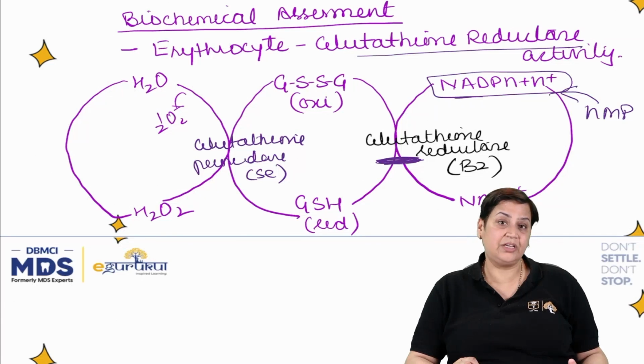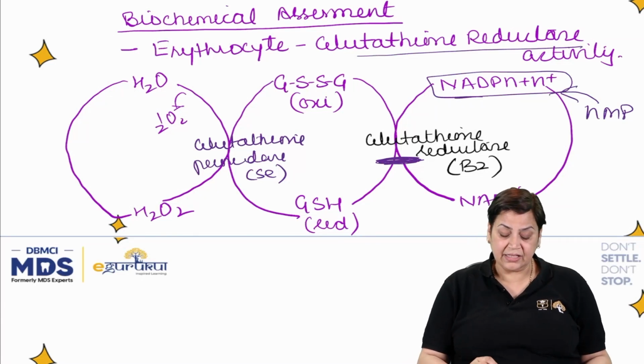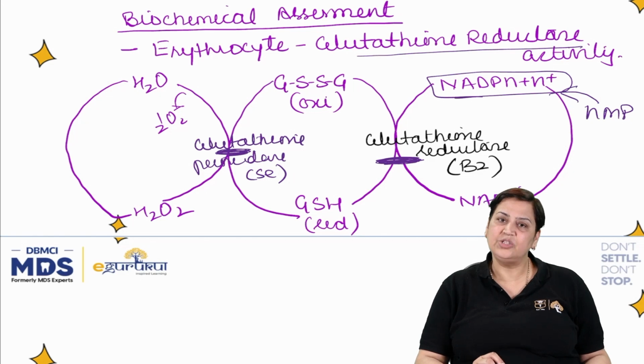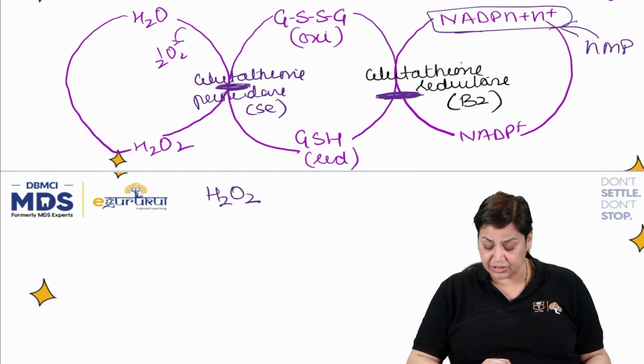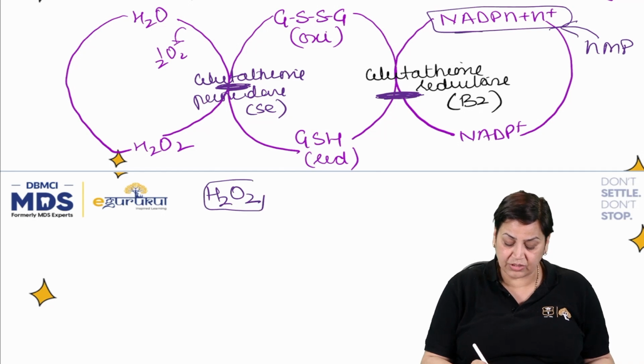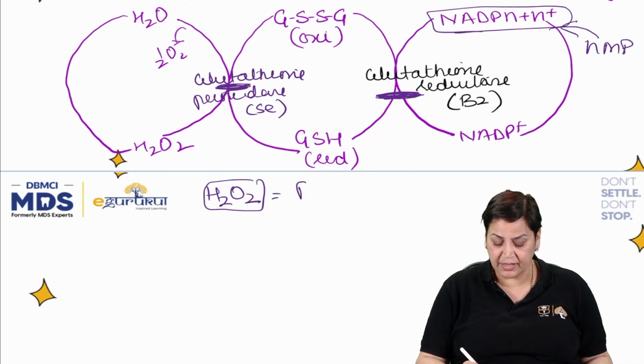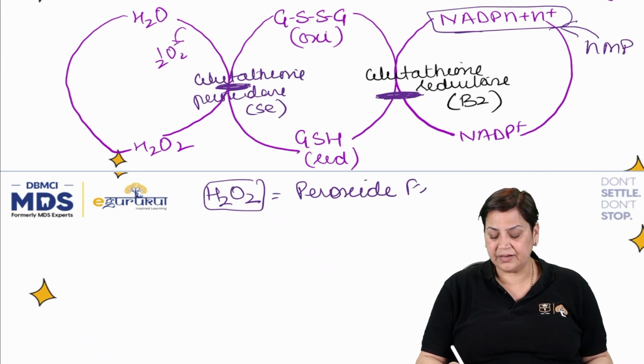Glutathione will not be in its reduced form, and then glutathione peroxidase will also not be able to function. So the hydrogen peroxide won't be broken into water and oxygen. In fact, this hydrogen peroxide will form peroxide free radicals.